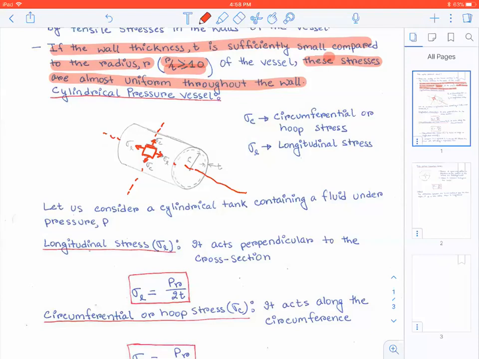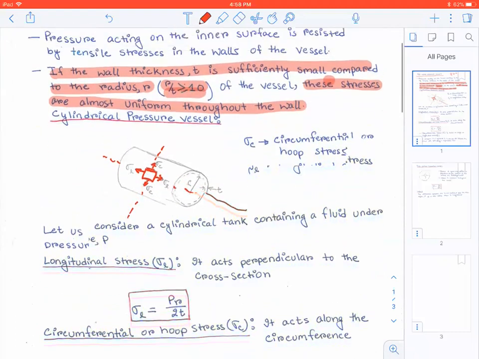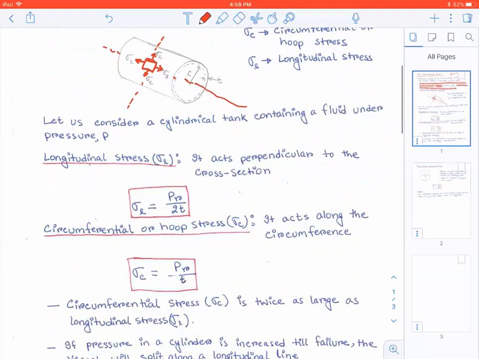All the equations that I'm going to go through are only applicable if you have a thin-walled pressure vessel. If it is a thick-walled pressure vessel, that means if this ratio is not maintained, then it is considered a thick-walled pressure vessel, which we won't have time to look into in this class, but the equations are going to be different. So these equations are only applicable for thin-walled pressure vessels.